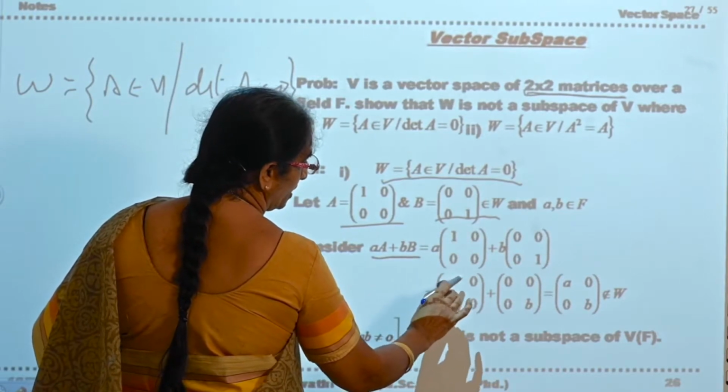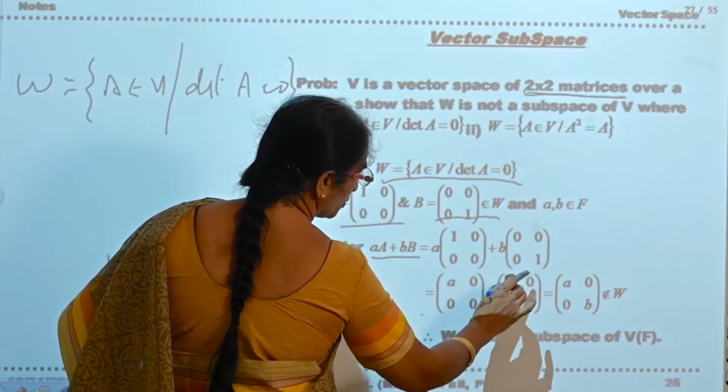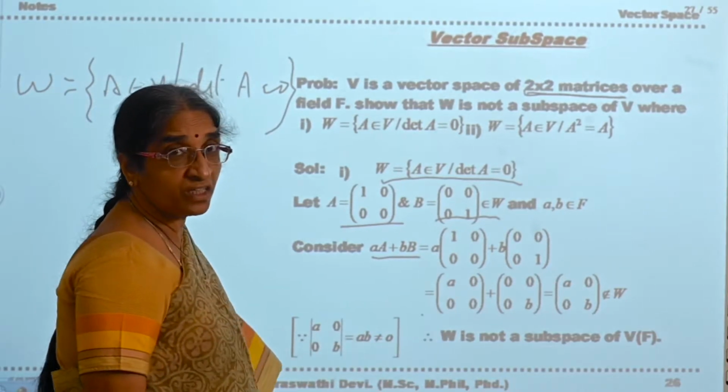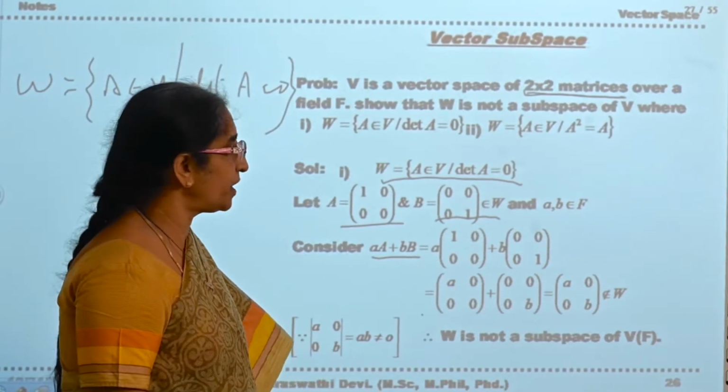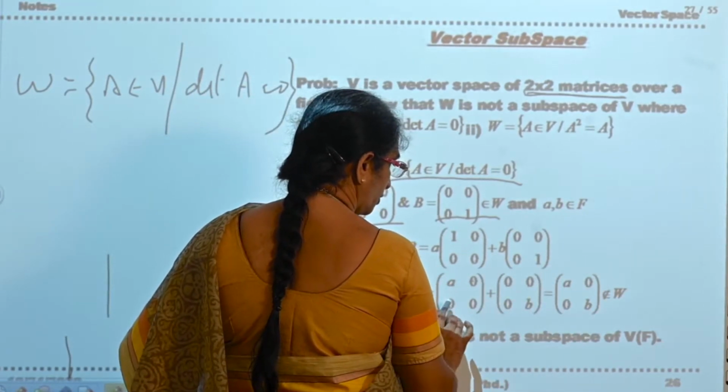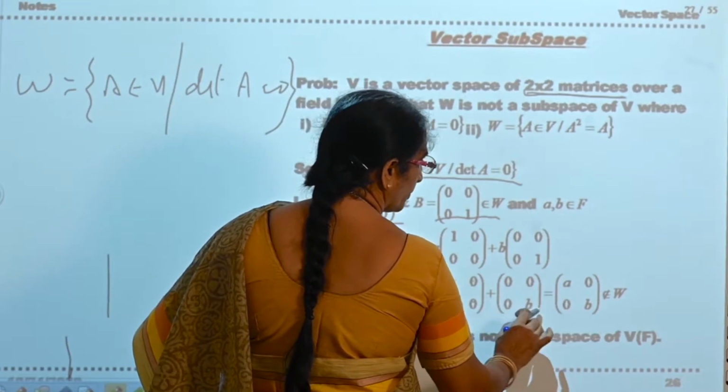This will be [a, 0; 0, 0] plus [0, 0; 0, b]. If you add this, addition of matrices means the corresponding elements should be added.